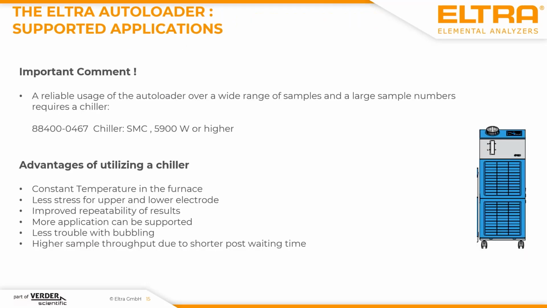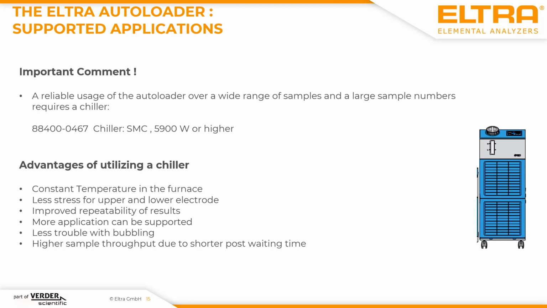One topic which was not shown in the video was the utilization of cooling. ELTRA recommends to use a chiller because this chiller can provide a constant temperature for all applications and all over the analysis time.